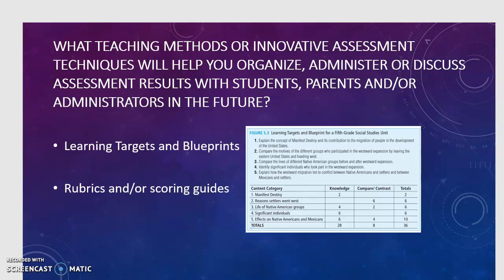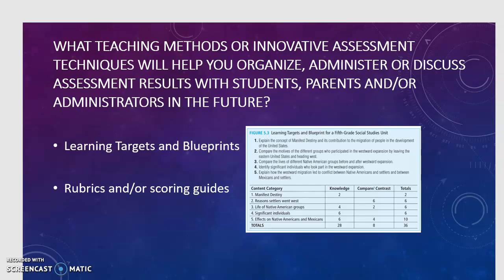There's so many different things that I could use that will help. One of them that I really liked was the learning targets and blueprints. I think by writing down your learning targets, by having a blueprint so that you know what is going to be assessed, how you're going to make your assessment, really helps you.